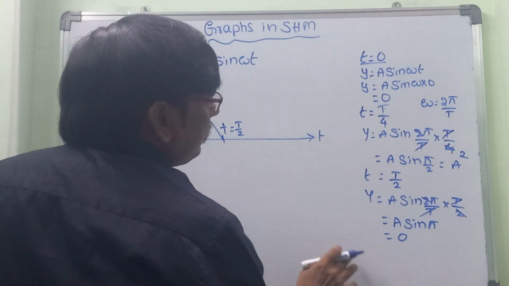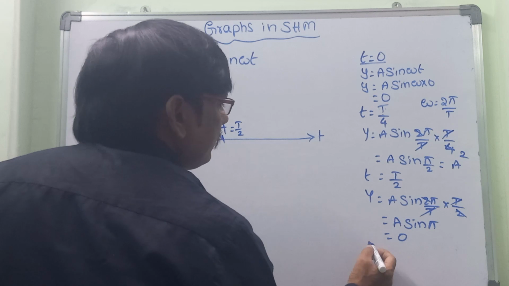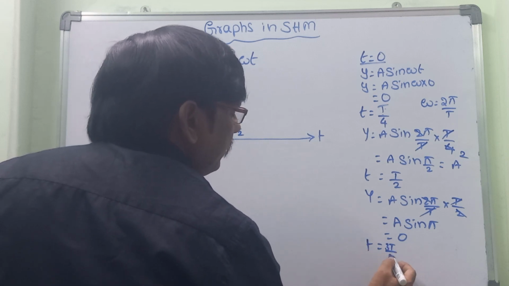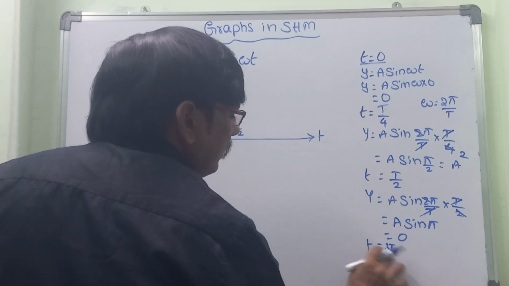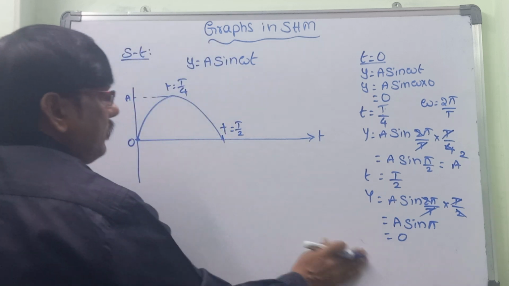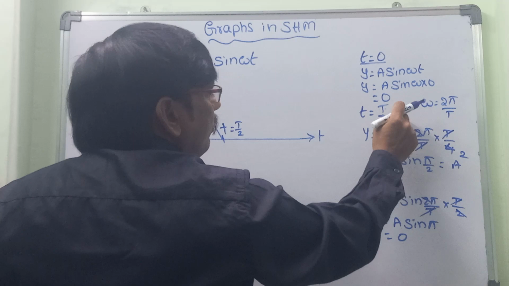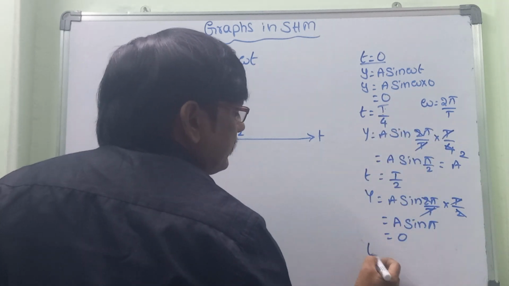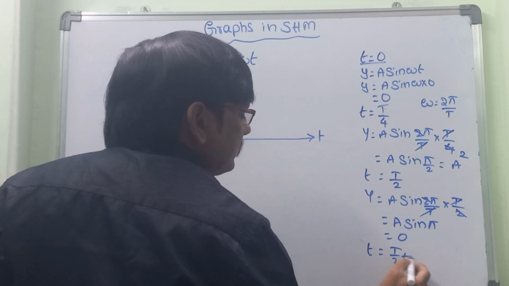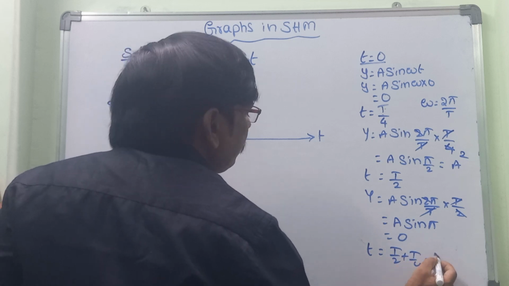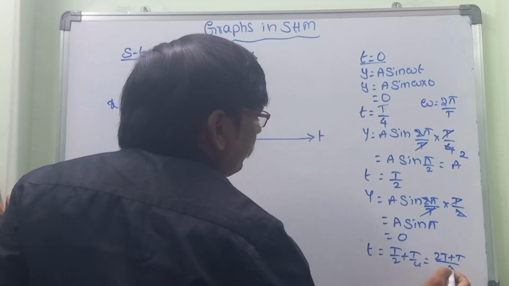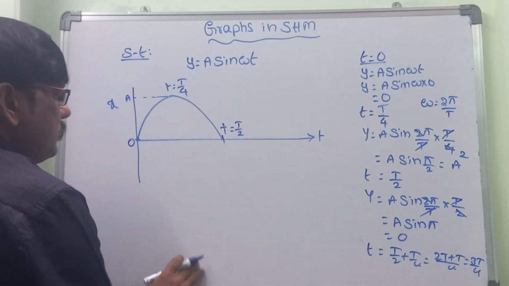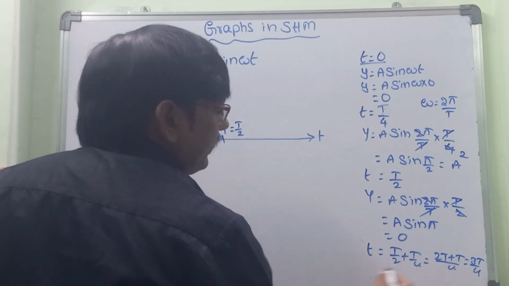Next, let us take t = 3T/4. What are we adding? 0 plus T/4, T/4, T/4. So let us add T/2 plus T/4, that is 3T/4. Now let us assume t = 3T/4.